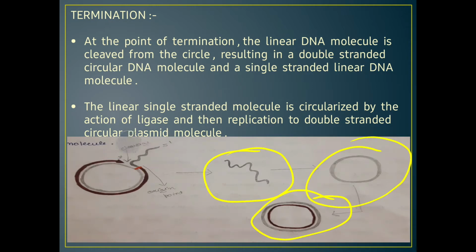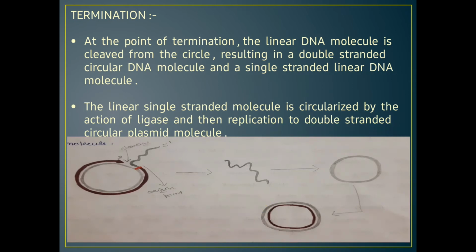Simply, it is said that after the rolling process occurs, that is, as we said in elongation, how it elongates and how it circulates, after that the cleavage occurs there. And the origin, you can see, after the elongation process it has moved to this place.